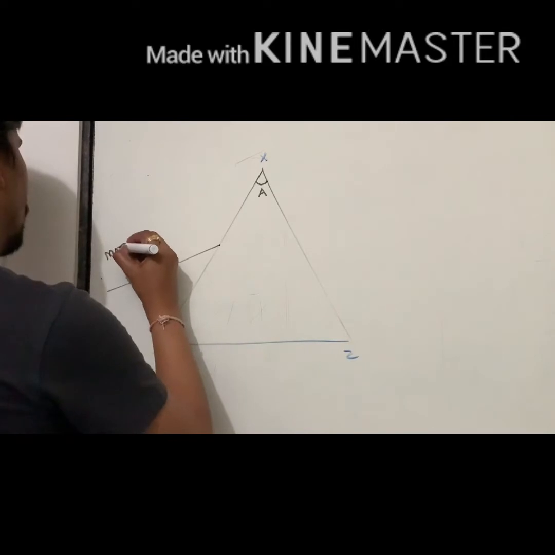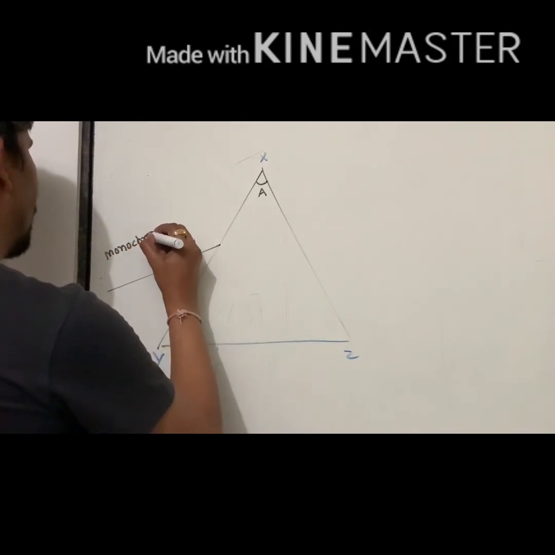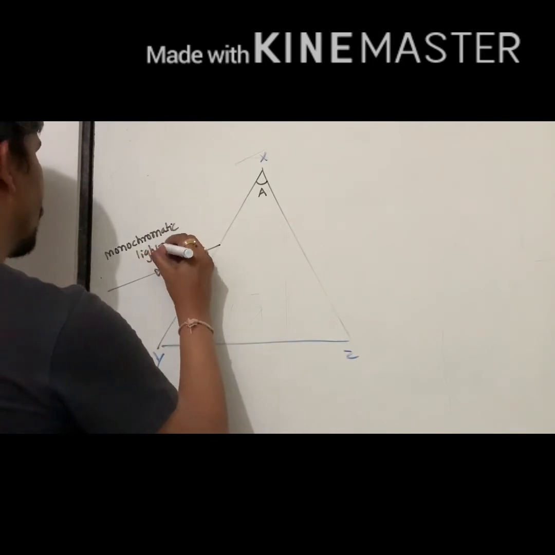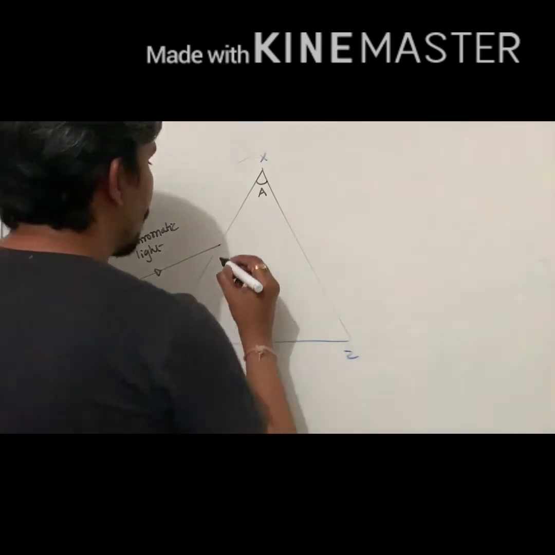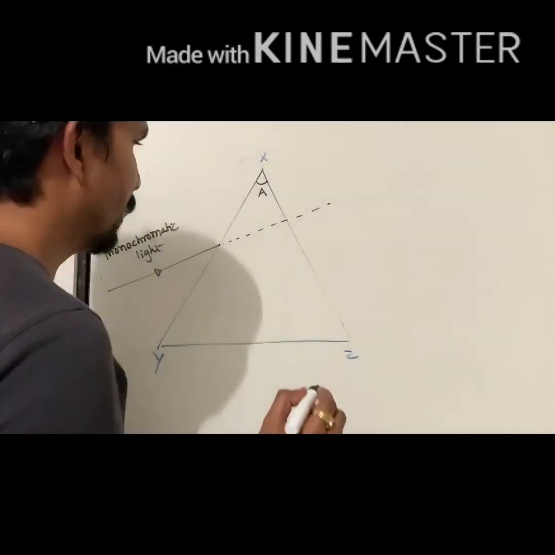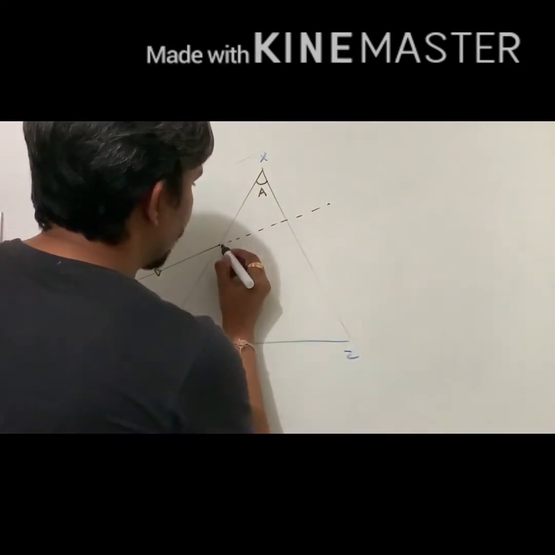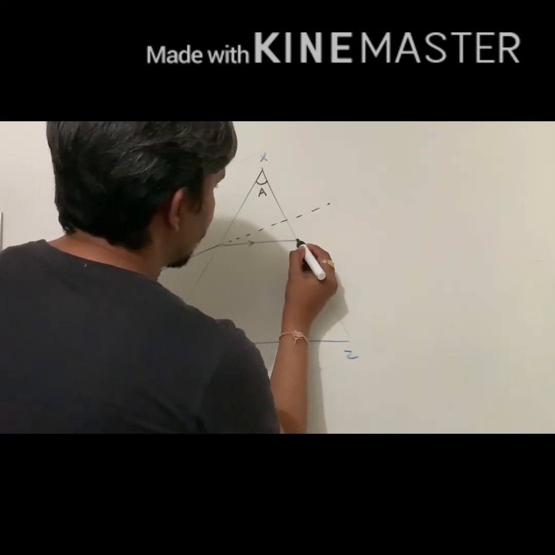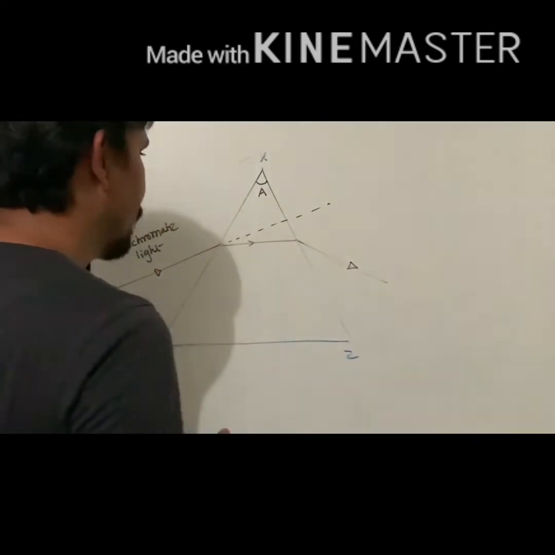This is called monochromatic light. This is a single color. If this glass prism is not present, the path of the incident ray will be like this. Now since it is going from rarer to denser, it will bend towards the normal, and after refraction it will bend toward the base, right?